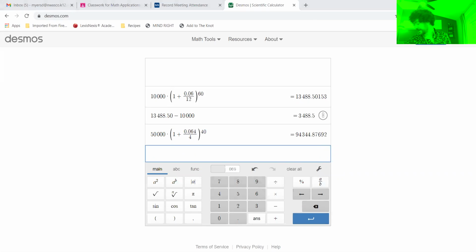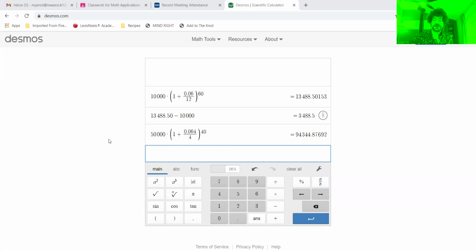So we're looking at quite a bit of growth here. We end up with an amount in the account of $94,344.88.